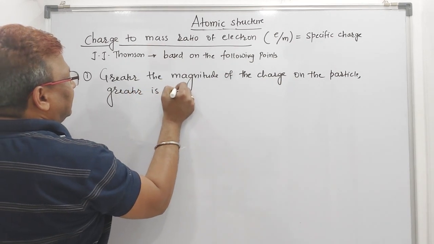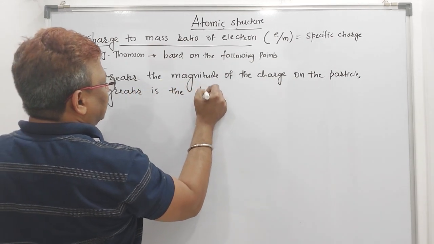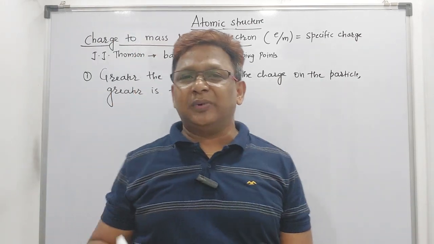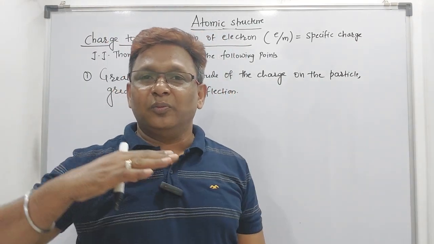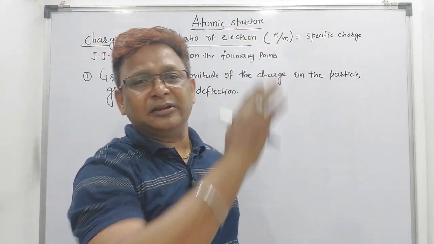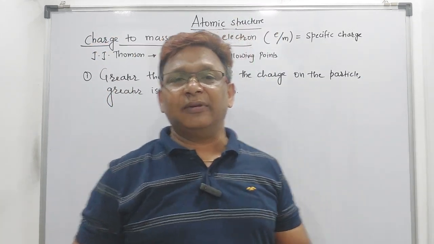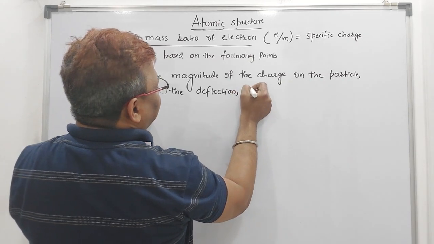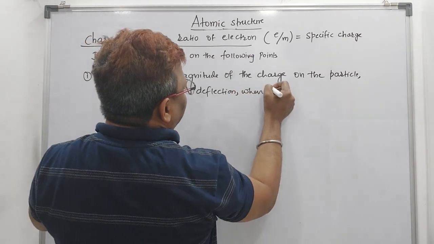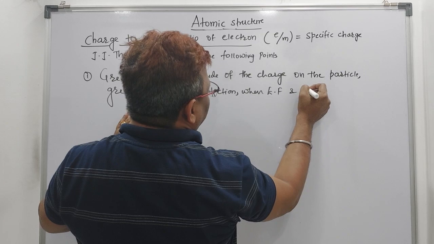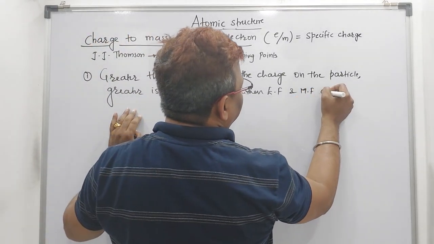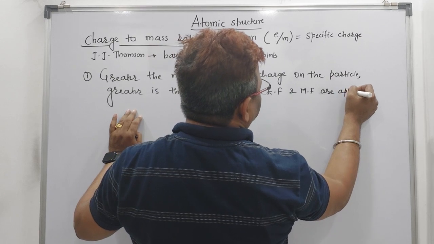As I told you, a single negatively charged particle is deflected less, while a more negatively charged particle will be deflected more. So the deflection will be greater when the electric field and magnetic field are applied. This is the first point.